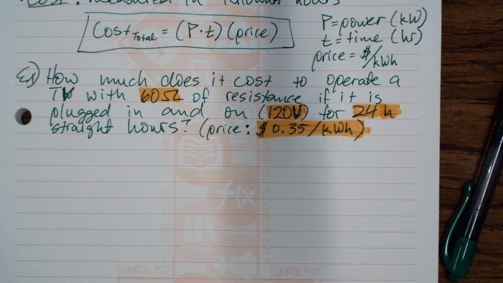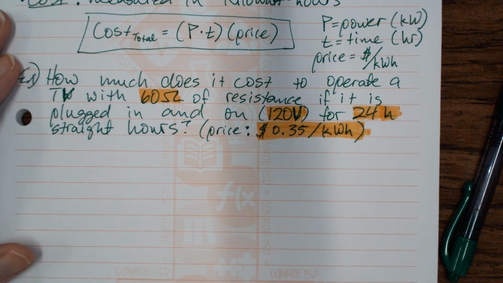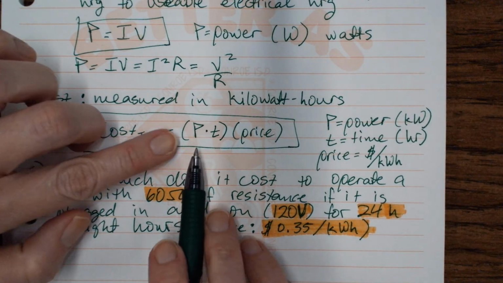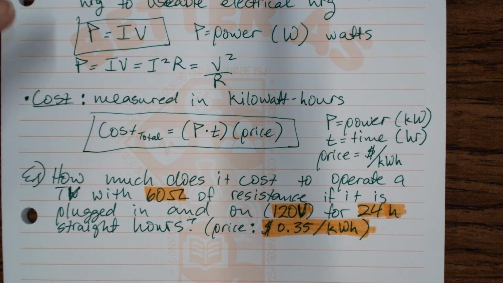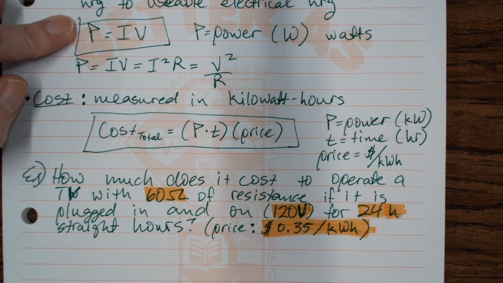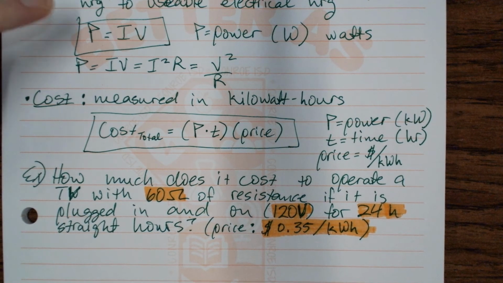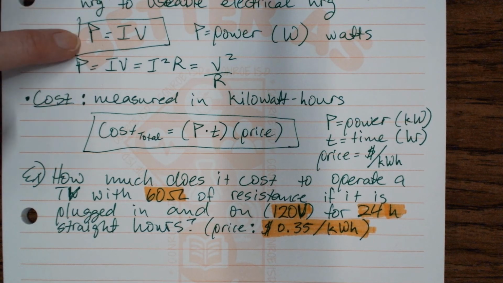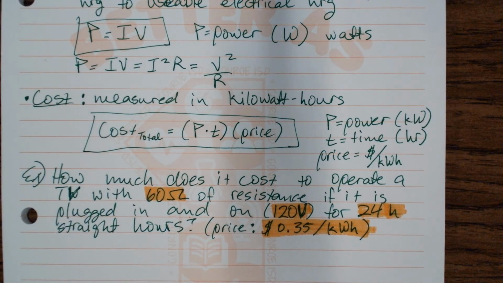Okay, so you can look at your formulas that you have for power, because we need to find power before we can plug it into this equation, right? So if I've got resistance and voltage, then which equation are we going to use? We're not going to use this one, because we don't have current. We could use this one and find current, but it does nothing. Or we could use Ohm's law to find current and then use this one to find power. So you could do it in 2 steps, or you could just pick one of these. What do you want to do? The last one.